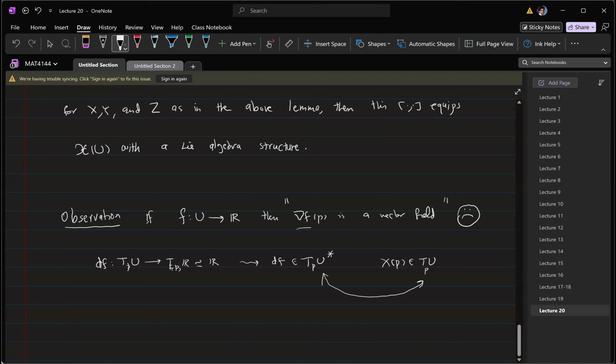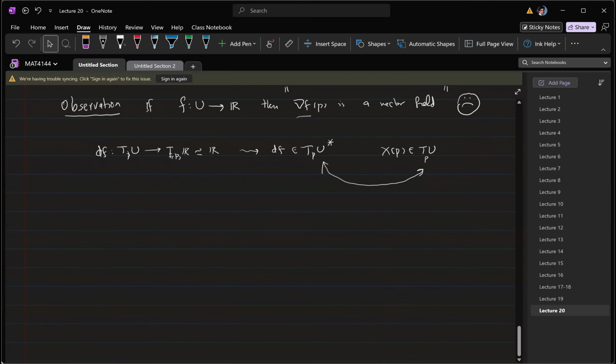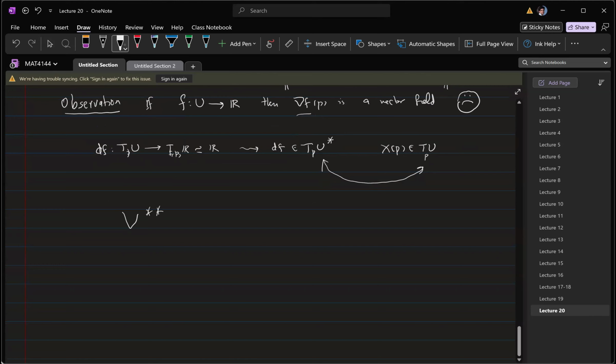And we know that such an isomorphism is not canonical. You can always pick a basis in the two spaces and correspond them to each other, but even though a vector space and its dual are isomorphic, this isomorphism is not canonical in any sense. We know if you take a vector space, the dual of the dual is isomorphic to V in a canonical way, but the dual is not.